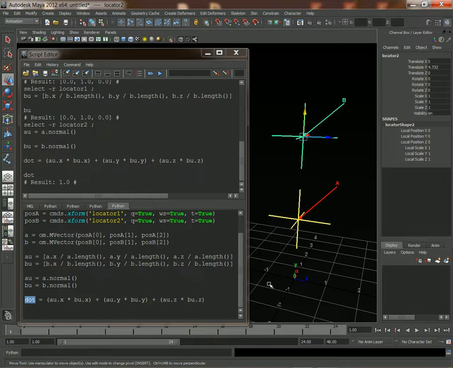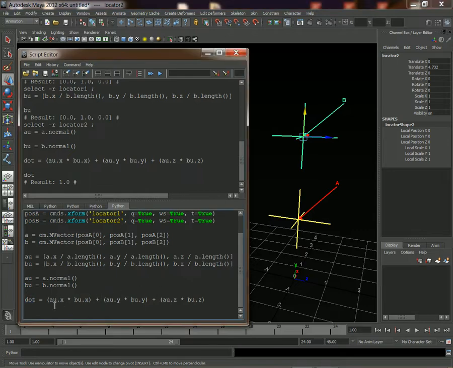Now the why of how this works is a little bit complicated. Somebody figured out that if you multiply two vectors component by component and add them together, it ends up giving you this useful result.